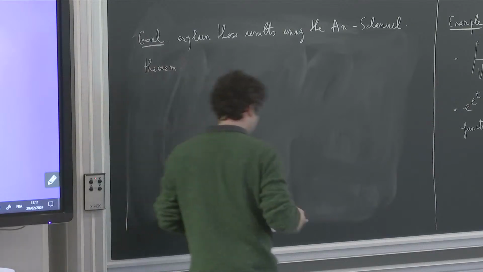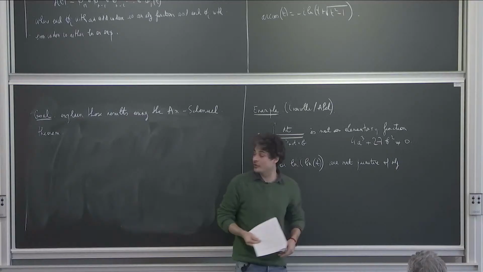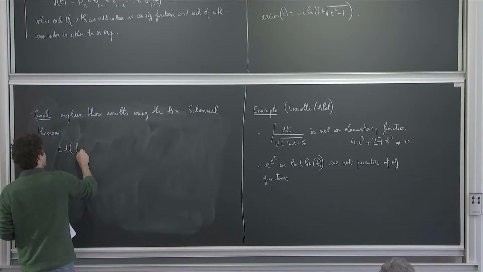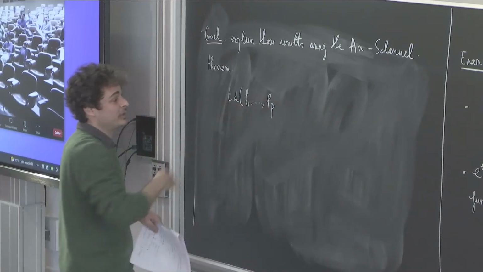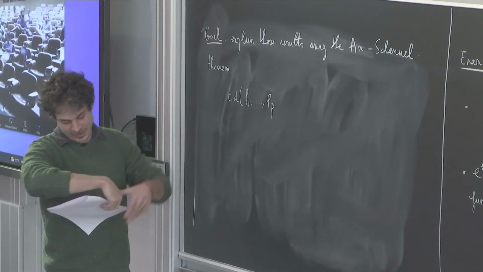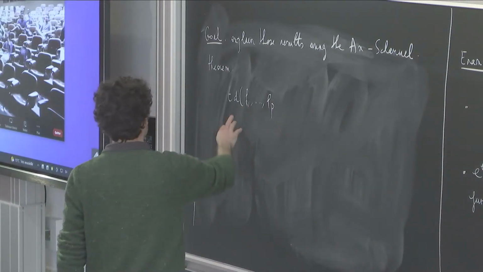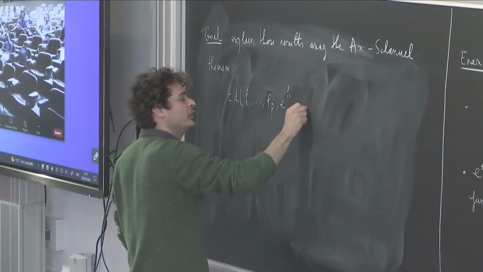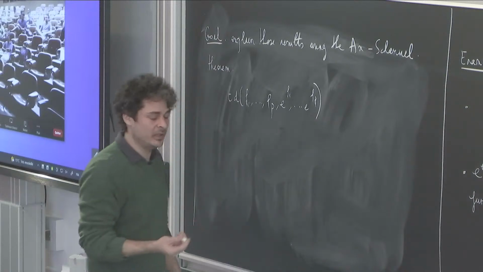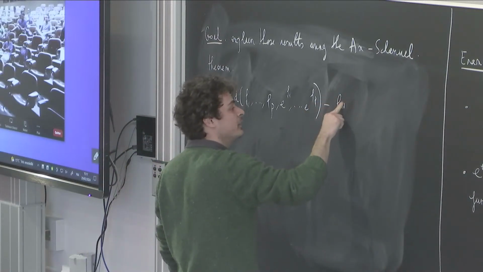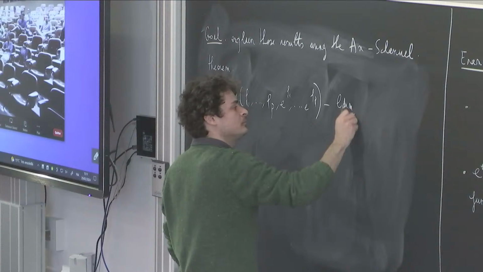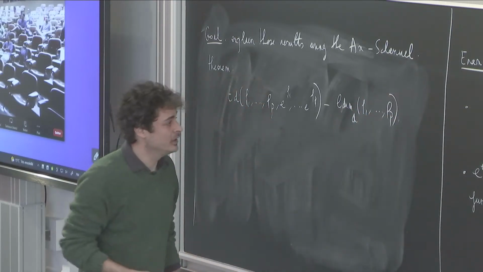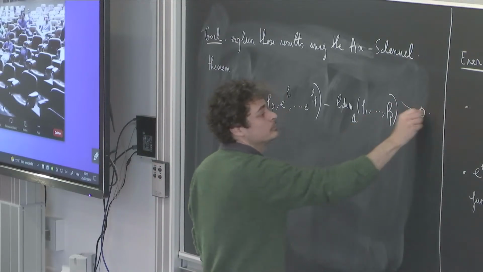I'm going to phrase it in a slightly different way, computing transcendence degrees. I stated it like that in the first lecture, but I made a mistake in the way I stated it at that point. If you take holomorphic functions f1, ..., fp and look at the transcendence degree of these functions and their exponentials, minus the Q-linear dimension of f1, ..., fp modulo C, it's always greater or equal to 0.